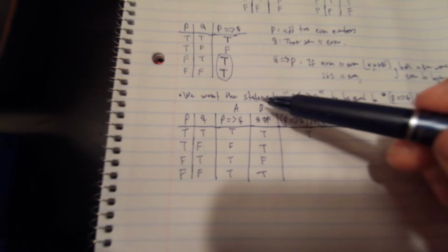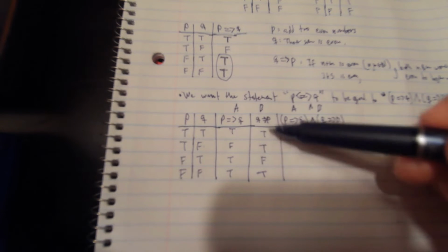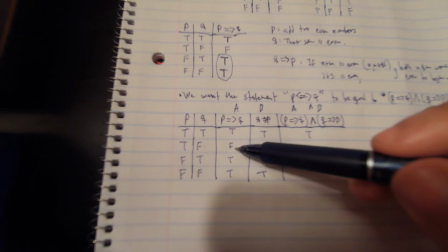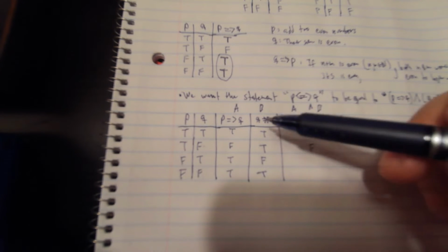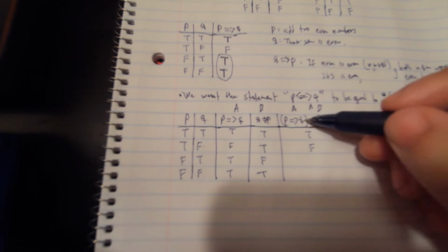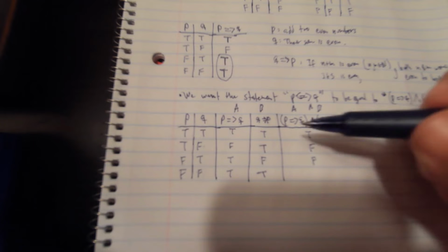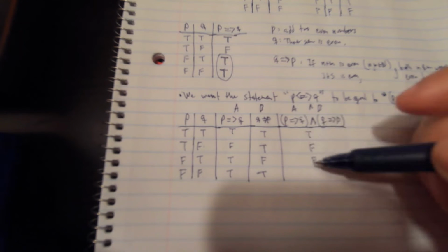If A is false but B is true, at least one of them was false, so this is false. A is true but B is false, so this statement has to be false. And then this is false and this is false, so this is true.